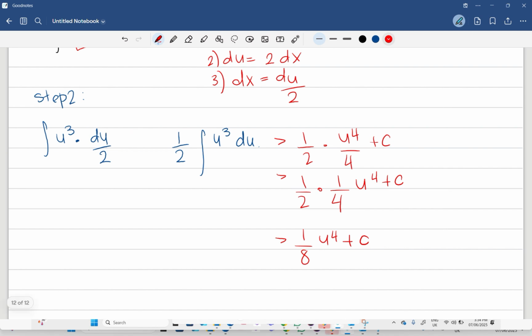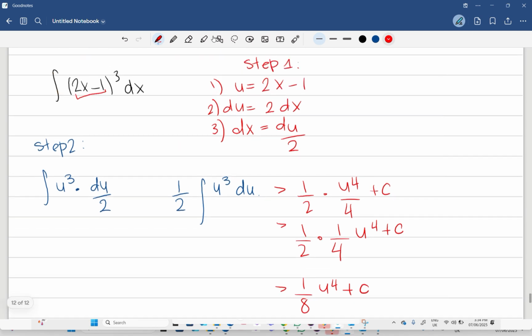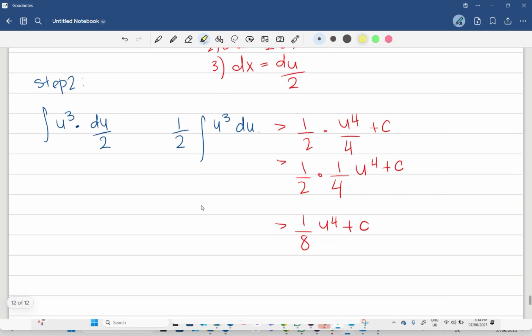What am I going to do? I'm going to get the value of u, which in my case is 2x minus 1, and plug it back into the u here. So I get 1 over 8 times (2x minus 1) to the power of 4 plus c, and this is my final answer.